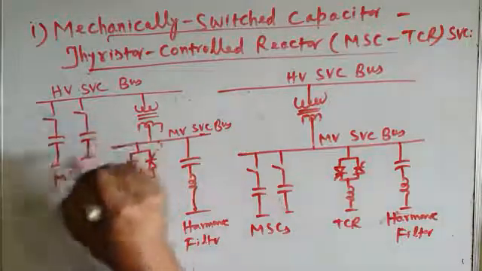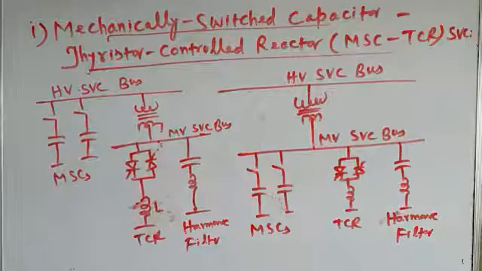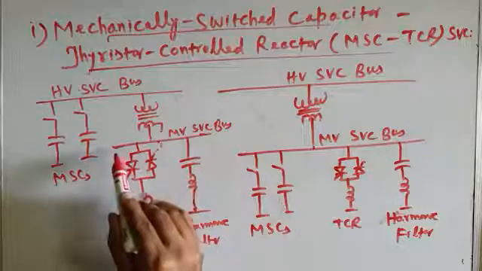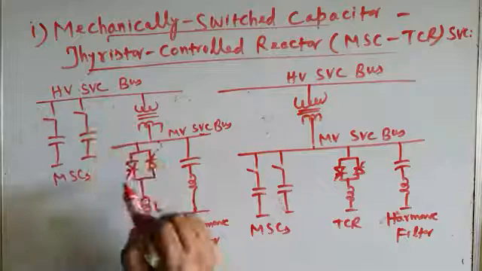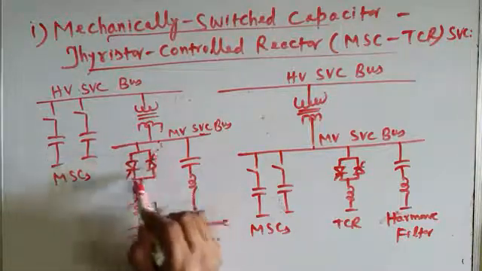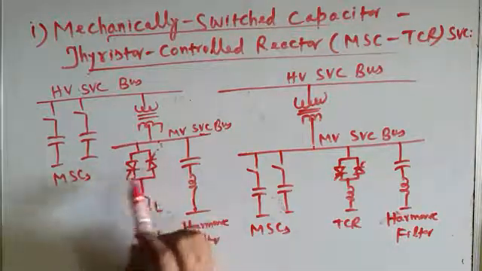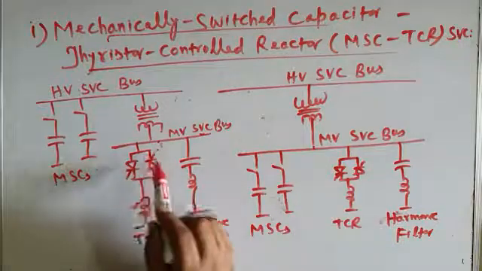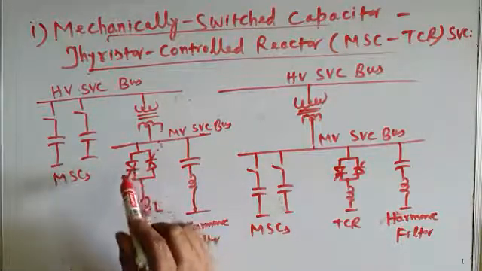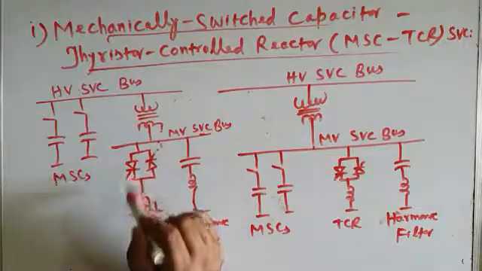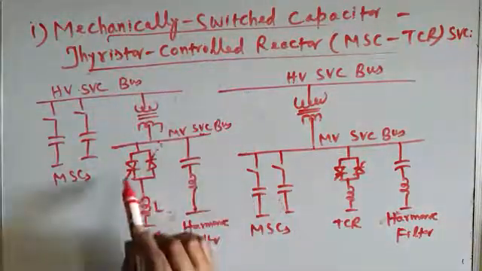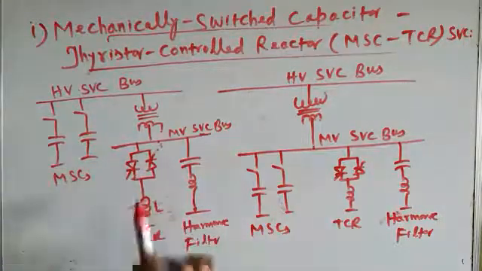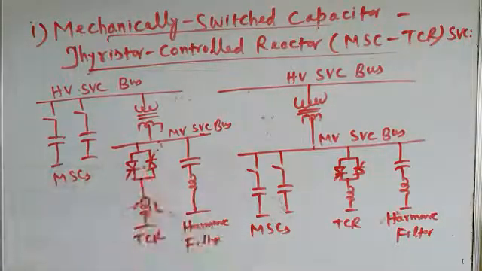The capacitor bank may be directly connected to the high voltage bus, but as far as the TCR and these filters are concerned, they have to be connected to the medium voltage bus, because if you connect the TCR to the high voltage bus, then you need high voltage rating devices which may not be available in the market. And to avoid the use of a large number of thyristors in series, we transform this high voltage bus to a medium voltage bus and then connect the TCR's valves, and hence the TCR, in this fashion.